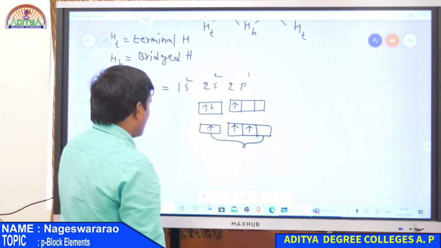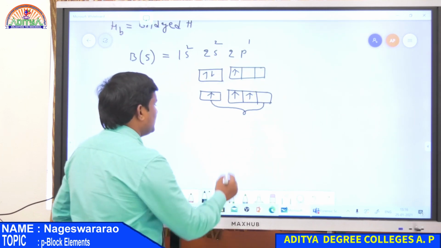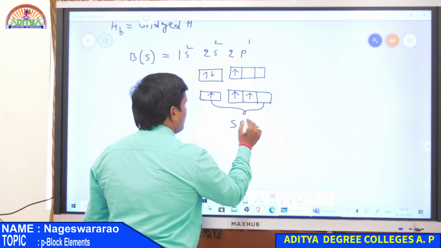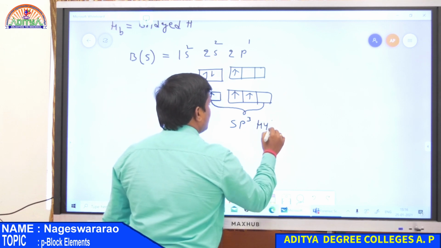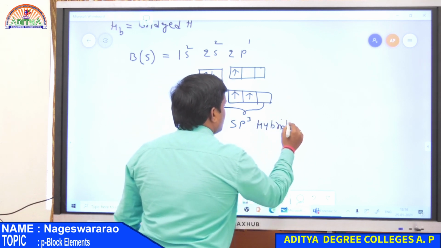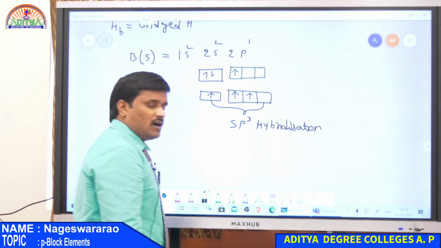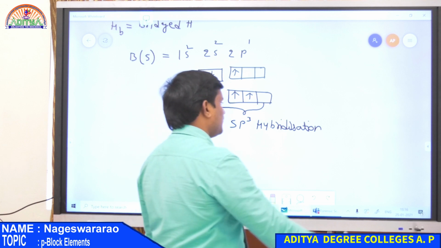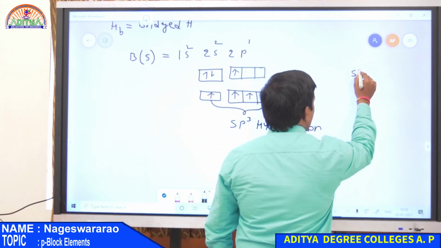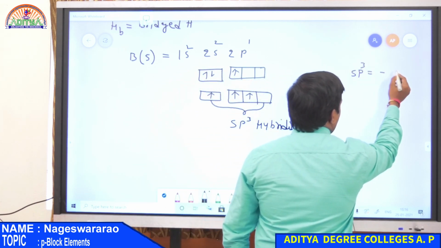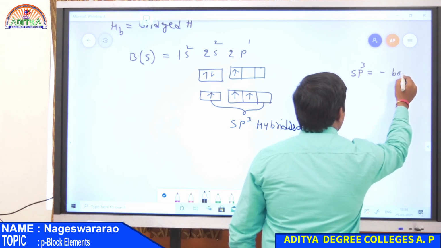Finally, boron undergoes sp3 hybridization, because here there is no double bond between boron and hydrogen, all are single covalent bonds. Therefore, it is sp3 hybridized boron. It means only single bonds.